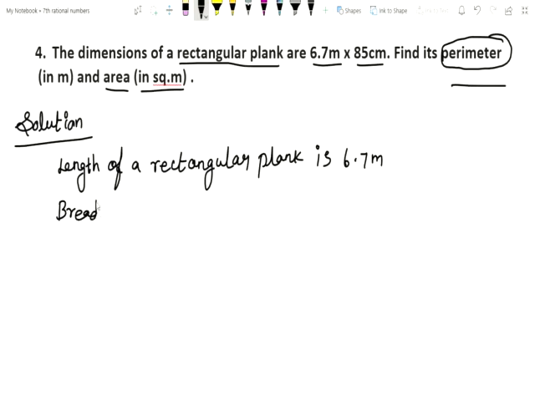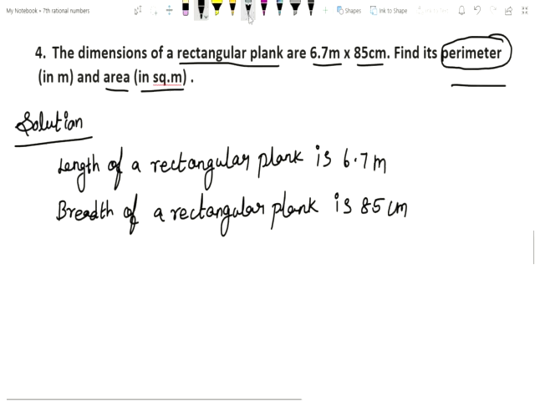Breadth of a rectangular plank is 85 centimeter. See here meter, centimeter. We have different units. First we need to convert into same units. Okay. But in the answer they asked in meter. So you have to convert into meter. Centimeter you should convert into meter.